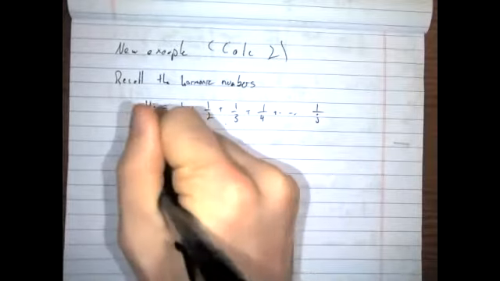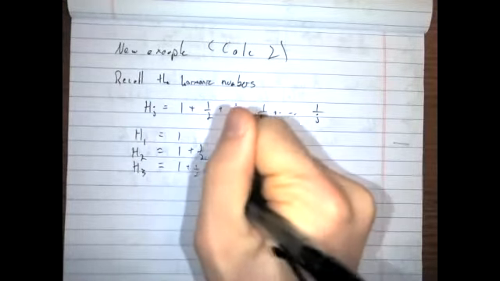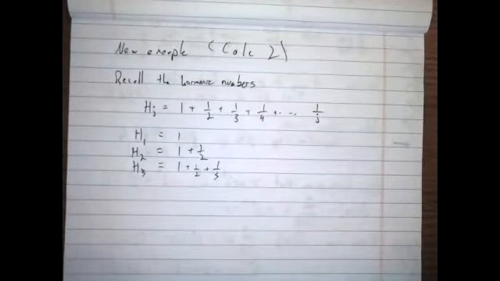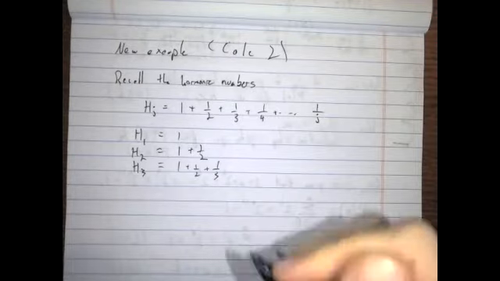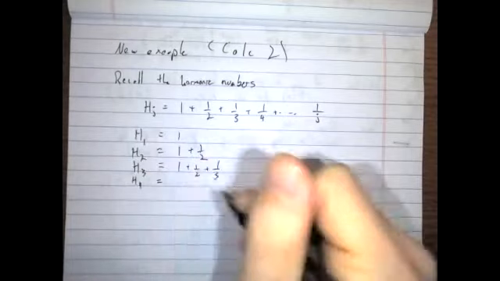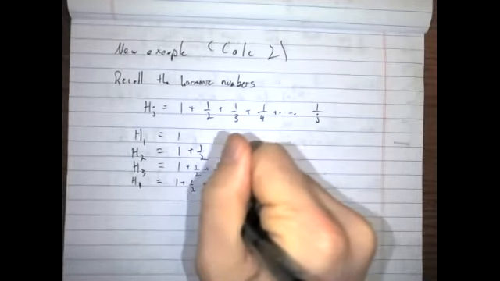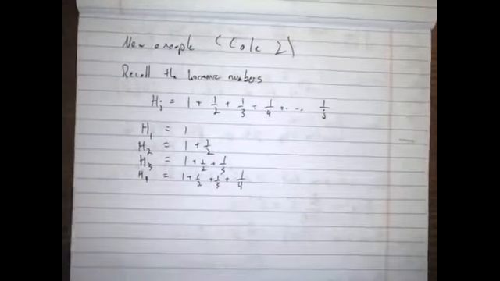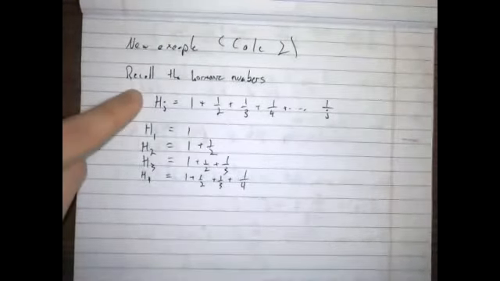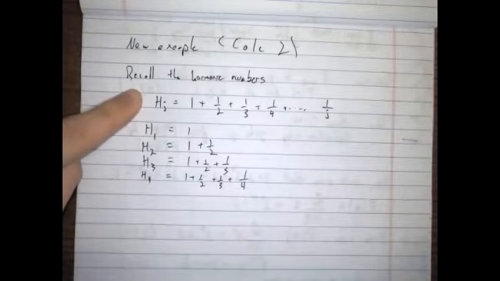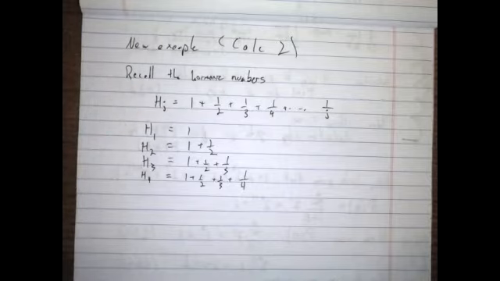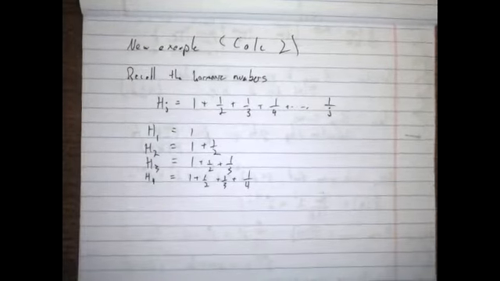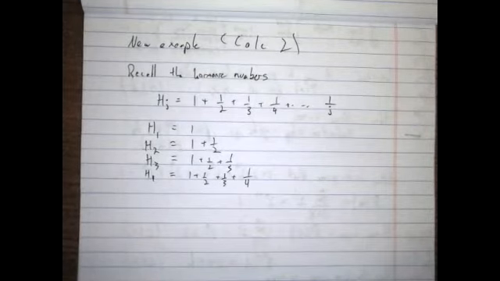So in particular, H_1 is just the number 1, H_2 is 3 halves, which is 1 plus 1 half, H_3 is whatever 1 plus 1 half plus 1/3 is, which is like 11/6 or something, whatever. H_4 is equal to 1 plus 1 half plus 1/3 plus 1/4. And of course, something that's very interesting is the series version of this, the harmonic series, which is the sum 1 plus 1 half plus 1/3 plus 1/4 all the way on to infinity. That's a series that is of great importance in Calc 2 when you're trying to examine series and when they converge and whatnot.